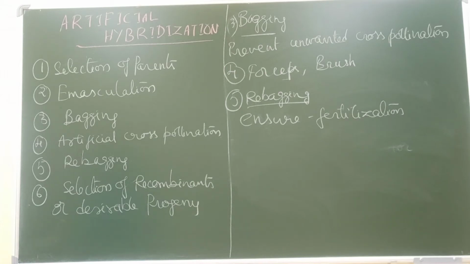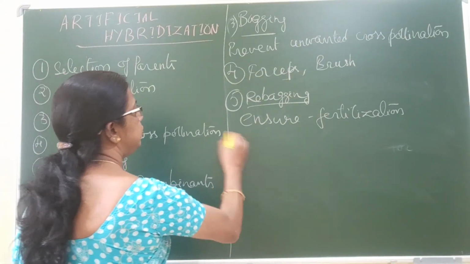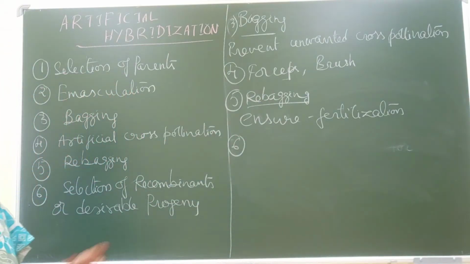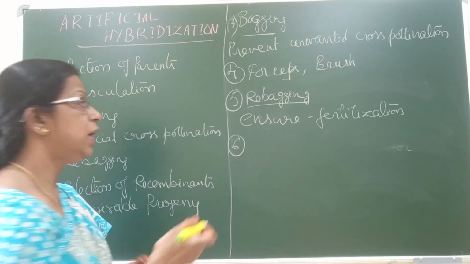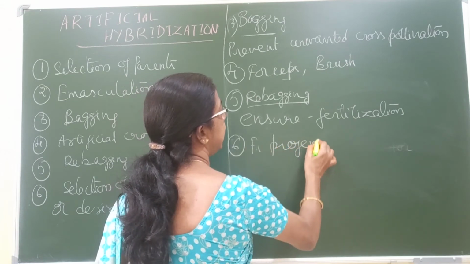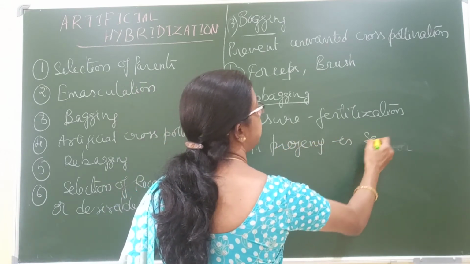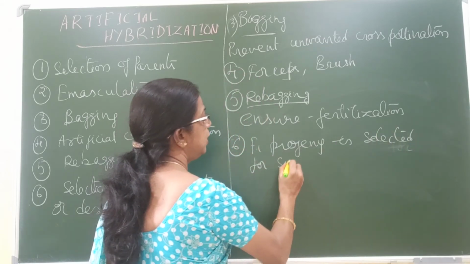Then the last one, selection of recombinants or desirable progeny. After the fertilization process takes place, the progeny is called the F1 progeny. F1 progeny is selected for superior characters.